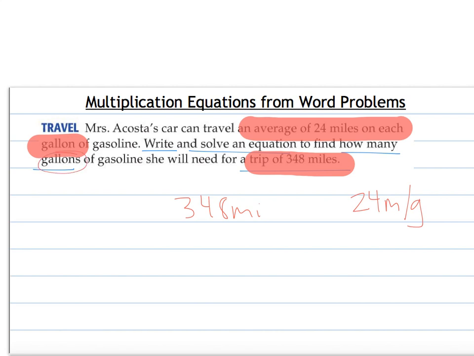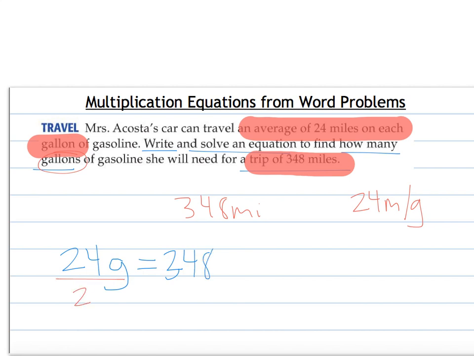So we're really wondering how many times does 24 fit in there into the gallons. So we want to write and solve an equation. Essentially we're thinking, if I'm traveling 24 miles for every gallon, that's a multiplication question, 24 miles for how many gallons is going to let me travel 348 miles. It's one way to do that.